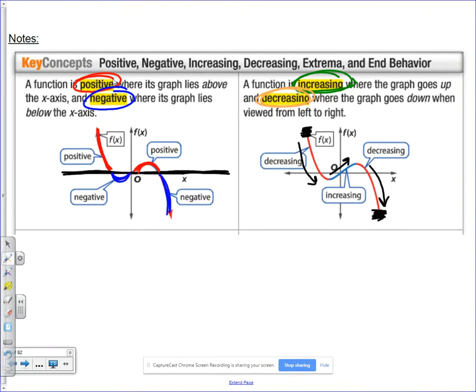So take your pencil, your green one, and we want to know where this thing is going up. Remember, we read this from left to right. So wherever it is going up, we're going to trace that with green. Is that okay for everybody? Where it is going down, we're going to trace that with orange. That would be decreasing.